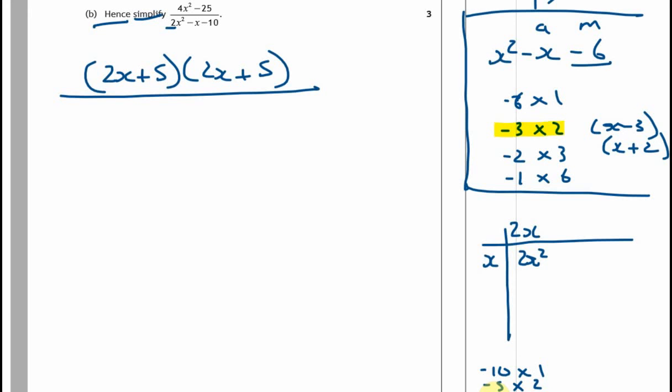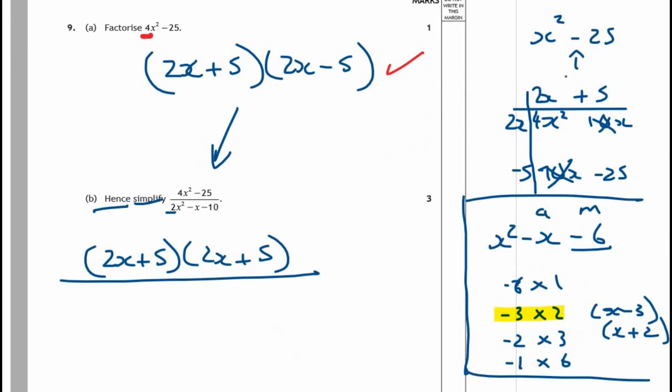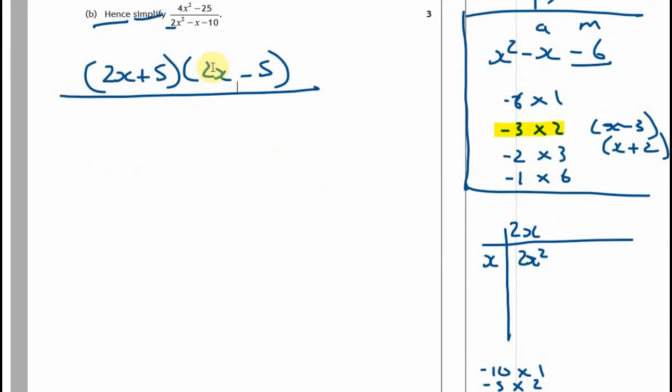Now, if we're going to cancel things out, I just realised I've written that down wrongly. There should be a plus and a minus. If we're going to get things to cancel out, it's going to have to be the same as one of these brackets, isn't it? So why don't we just start with minus 5 and see where we end up. So if I do that, I get minus 5x, and I want to do minus 5, and let's call that 2 then.